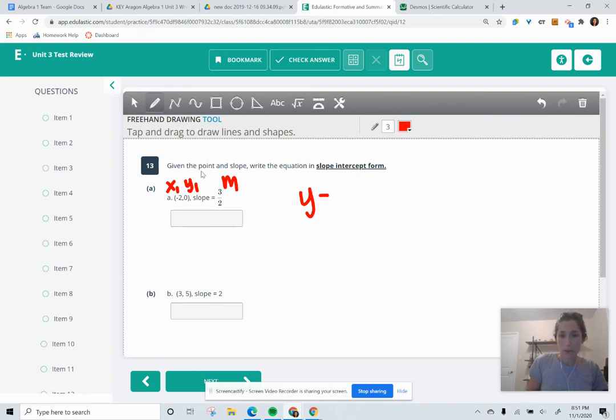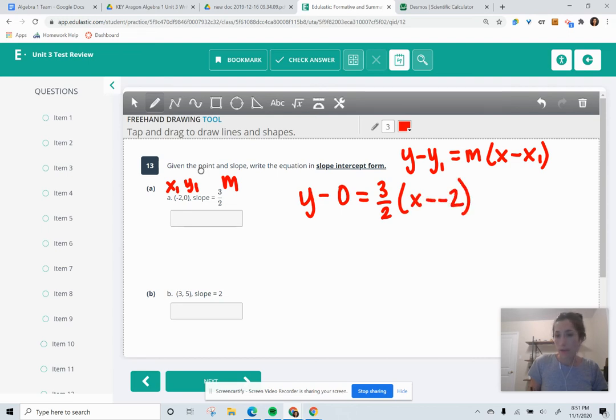So remember in this format, it's y minus y1 equals m times x minus x1. So we get here y minus y1, which is 0, y minus 0 equals 3 over 2. And then we've got x minus a negative 2. And remember, whenever we're subtracting a negative, I'm going to really change that to become a positive. If you want, you can write that as a separate step.